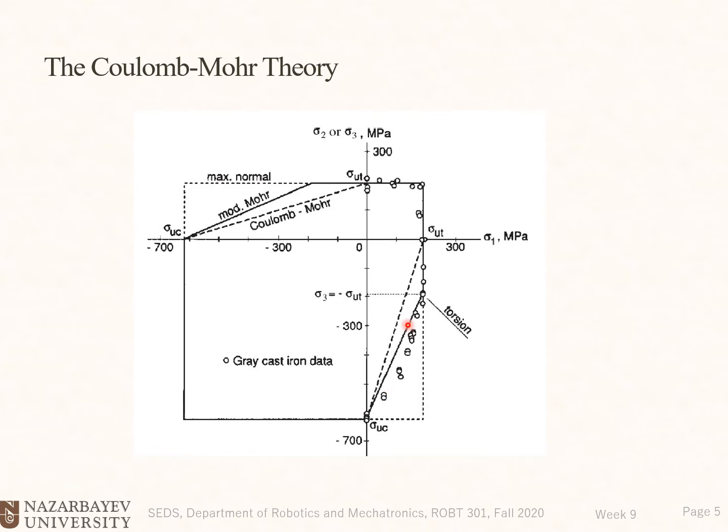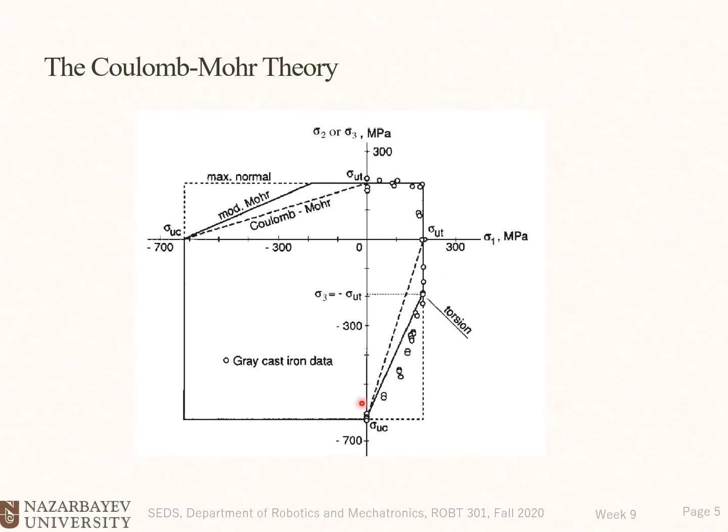And basically, they found a better, more accurate theory, which is the modified Mohr theory, based more on the empirical data. So these are the failure points for gray cast iron, and they found that the modified Mohr theory could predict the failure with better accuracy.